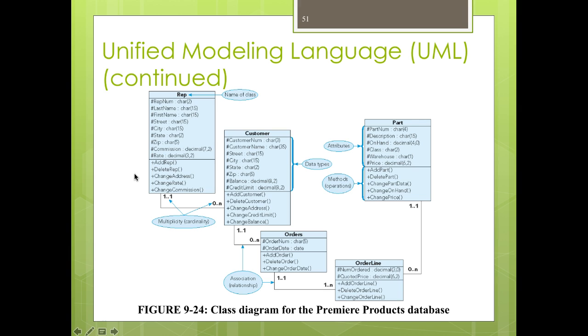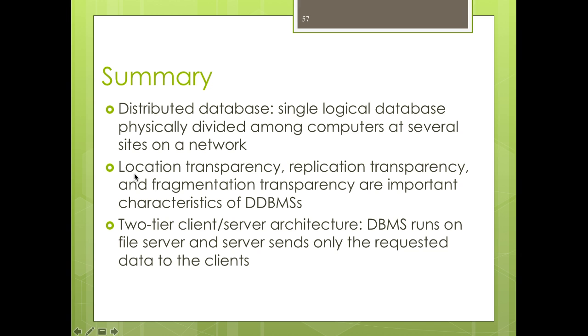So if we want to add a representative, we have a section of code that does that. If we want to delete a representative, we have a section of code that does that. If we want to change the address, we have a section of code that does that, and so forth. So it's a little bit more than just a database. Now we're getting more into actually programming the database to do things and allow us to have additional functionality.